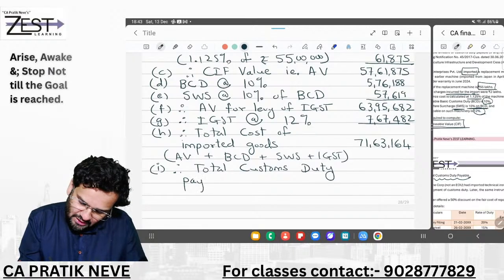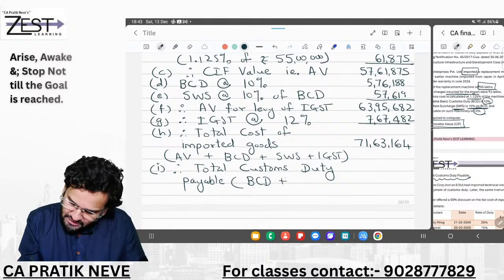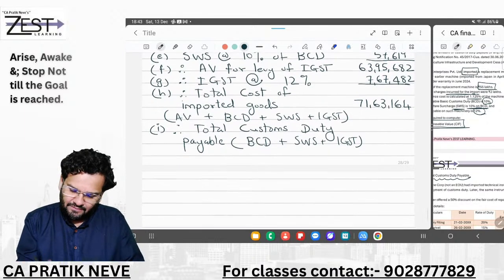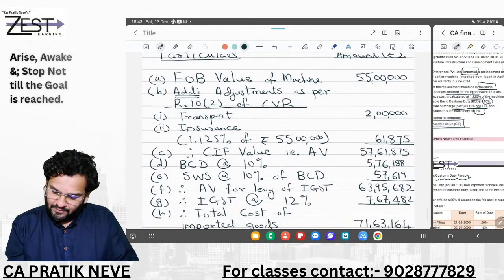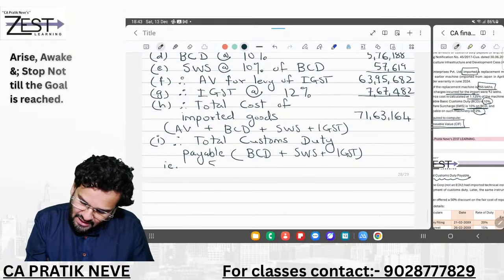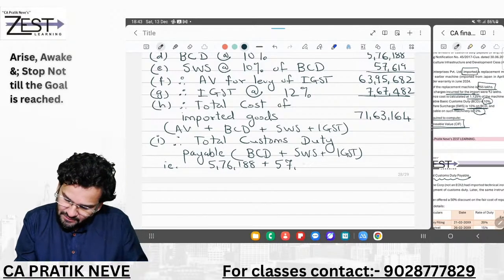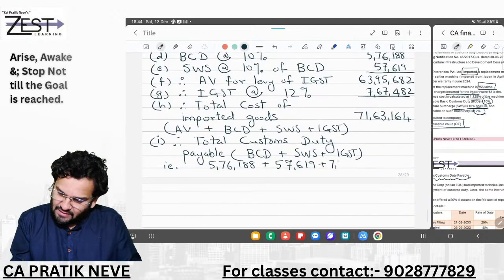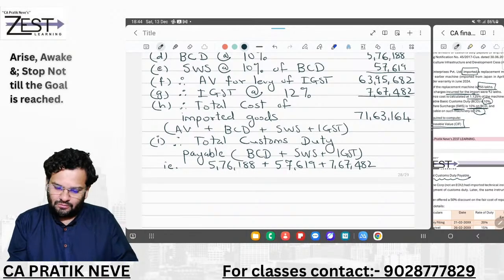Now tell me, what is therefore total customs duty payable? Isn't your total customs duty payable BCD plus SWS plus IGST? That is 5,76,188 plus 57,619 plus 7 lakh 67,482.